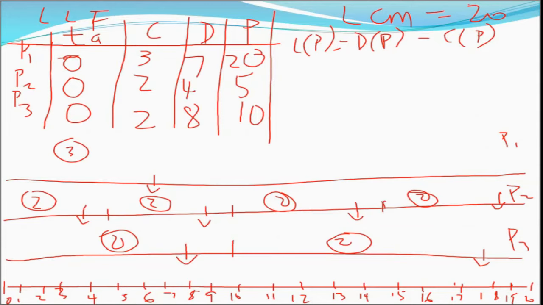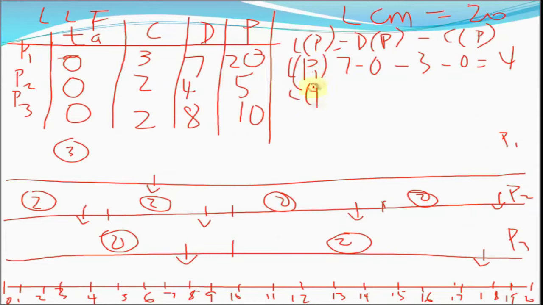So first, for LP1, the laxity of P1, the formula is going to be equal to what? 7 minus 0 minus 3 minus 0, and the answer is 4, right? Okay, now this is for LP1.